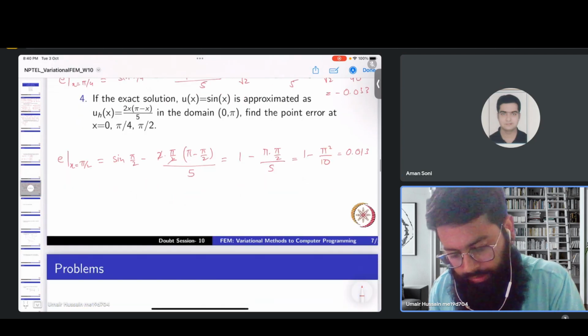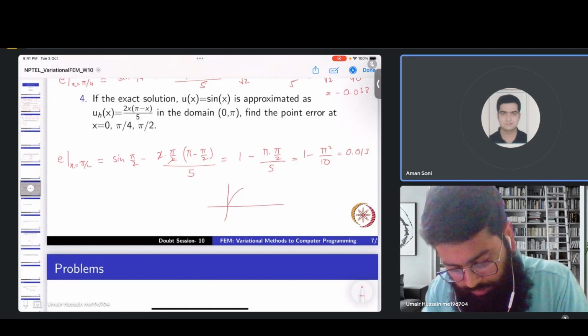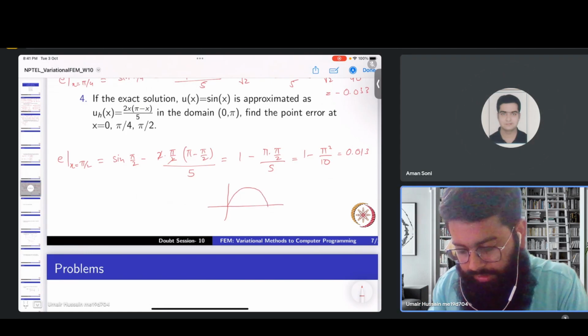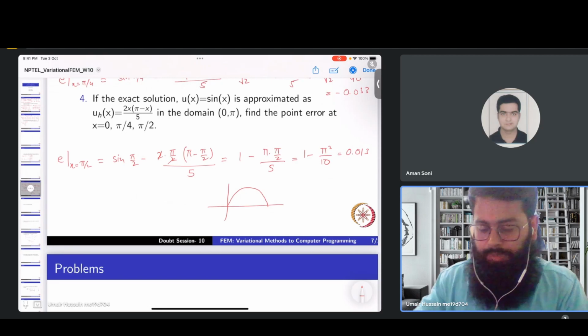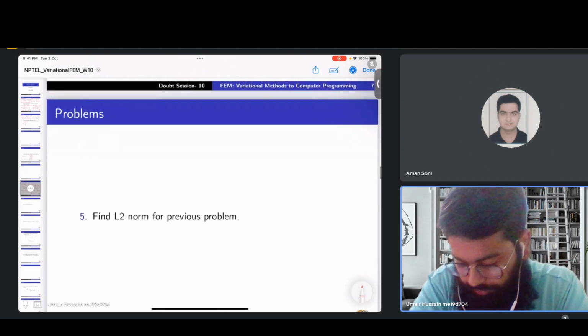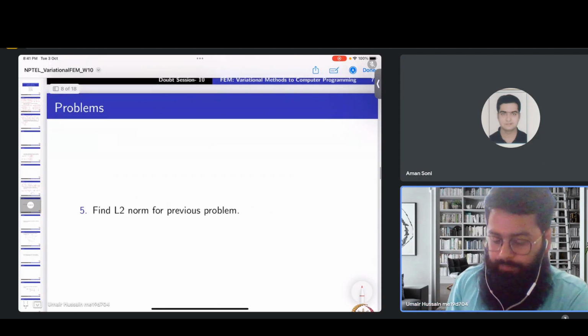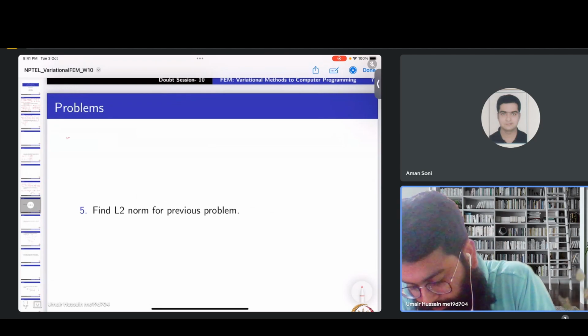So you see that in an FEM domain, the error would vary point to point. So that's where this point-wise error evaluation doesn't give much idea. We need to sum it up over the domain. So we'll see that in the next problem. So now we find the L2 norm, error in L2 norm basically.